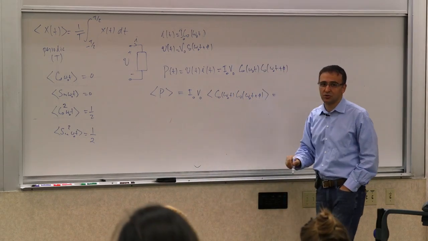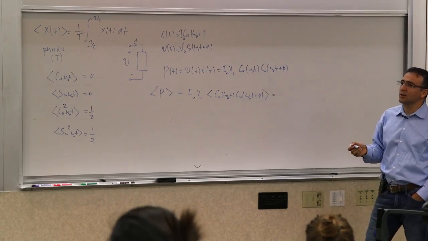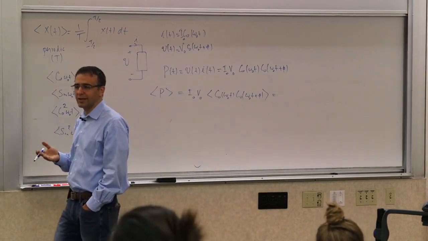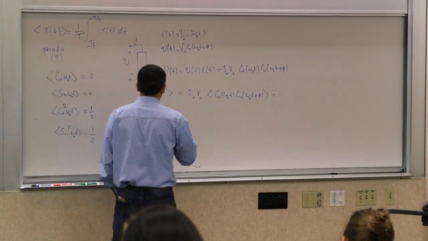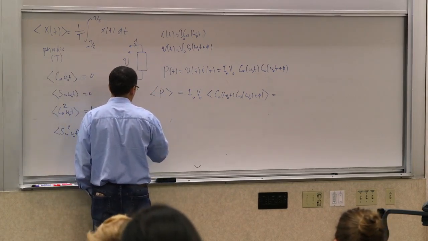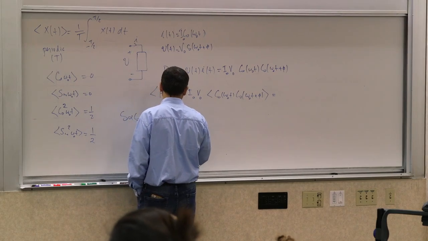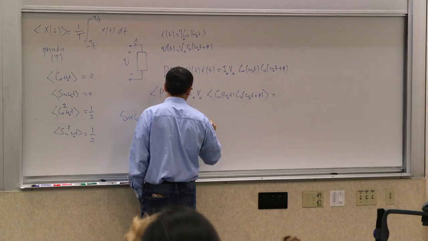So what is this average, if you use that definition? So think about it. It's a product of two cosines, right? What is the product of two cosines? Can you write it as the sum and difference of two things? So cosine of alpha cosine of beta is 1/2 cosine of alpha plus beta plus 1/2 cosine of alpha minus beta, right?